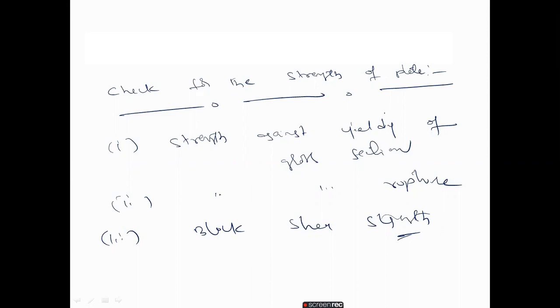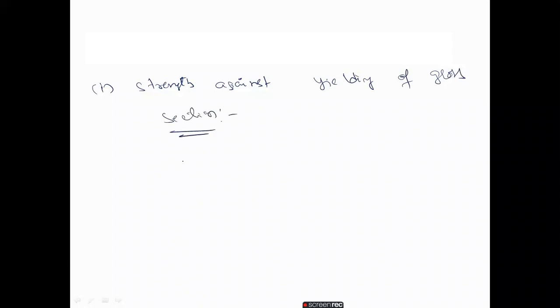The first thing we will calculate is strength against yielding of cross section. If you observe here, we know the formula is Tdg equals Ag into fy by gamma m0.